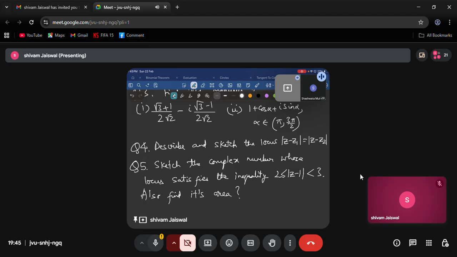Pallavi, 3 part 1 is correct. Aisha, 3 part 1 is correct. Adrija, 3 part 1 is correct. Part 2 can be further simplified. Adrito, Shamli, 3 part 1 is correct. You are making a mistake with part 2. Alpha belongs to pi. Sir, cos theta will be negative now. Think.